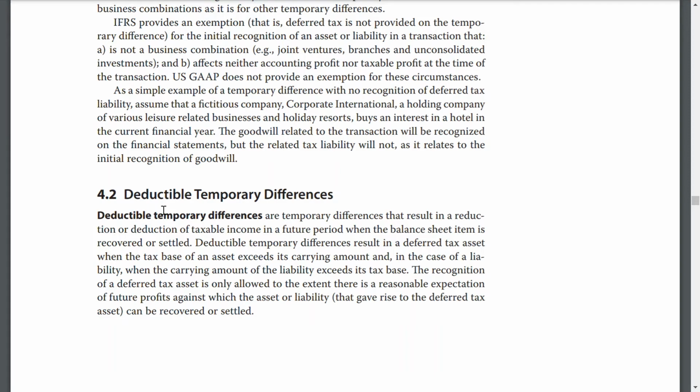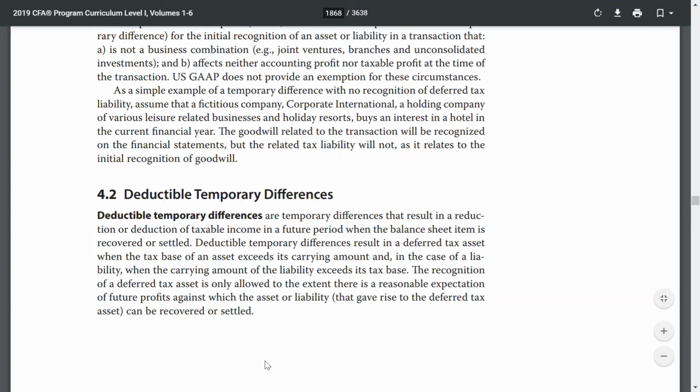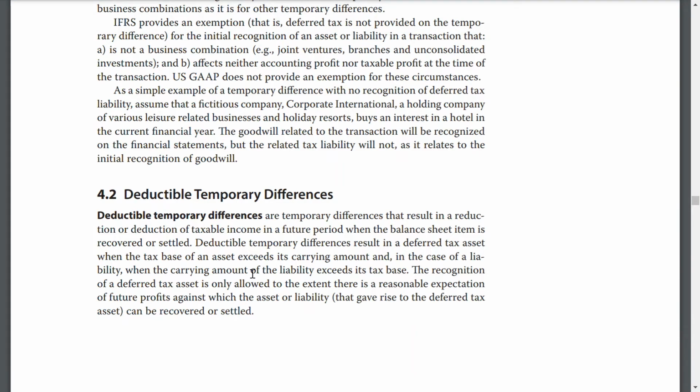Deductible temporary differences. Deductible temporary differences are temporary differences that result in a reduction or deduction of taxable income in future periods when the balance sheet item is recovered or settled.